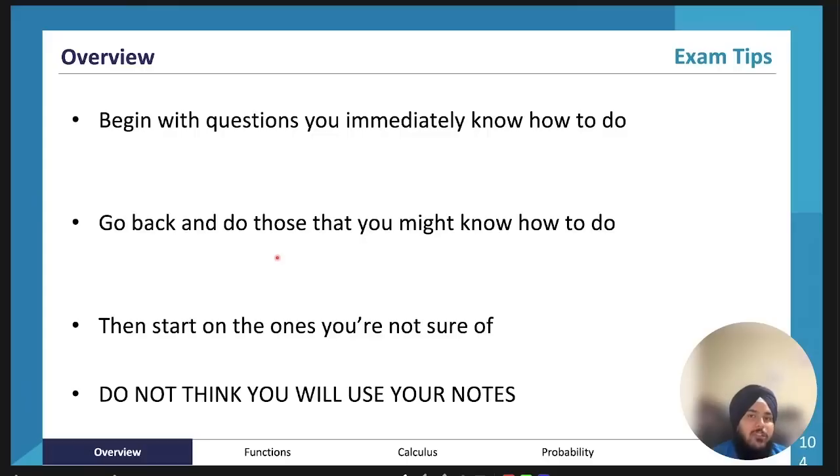And also, make your summary book really good, and try to have it done as soon as possible so that when you're doing practice exams, you can use the summary book to your advantage. Make sure your summary book is not absolutely everything that you have accumulated: your textbook, your notes, every single exam that you've ever done. Just make sure it's as concise as possible, because that way you'll know exactly where everything is in the exam.